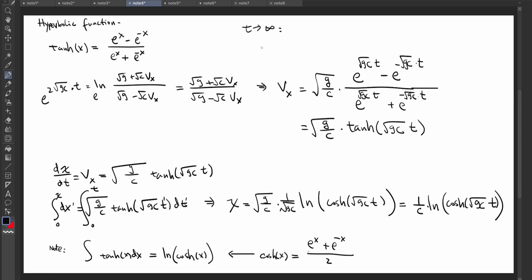Okay, so what we have here is Vx approaches this prefactor, and then there are 2 terms, they cancel out. The other 2 terms become 0. So that's why we have square root of g over c as the final velocity.